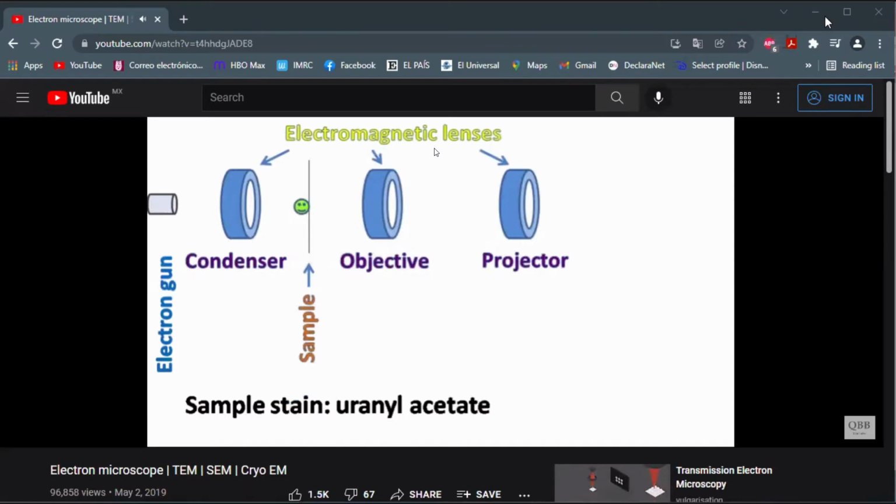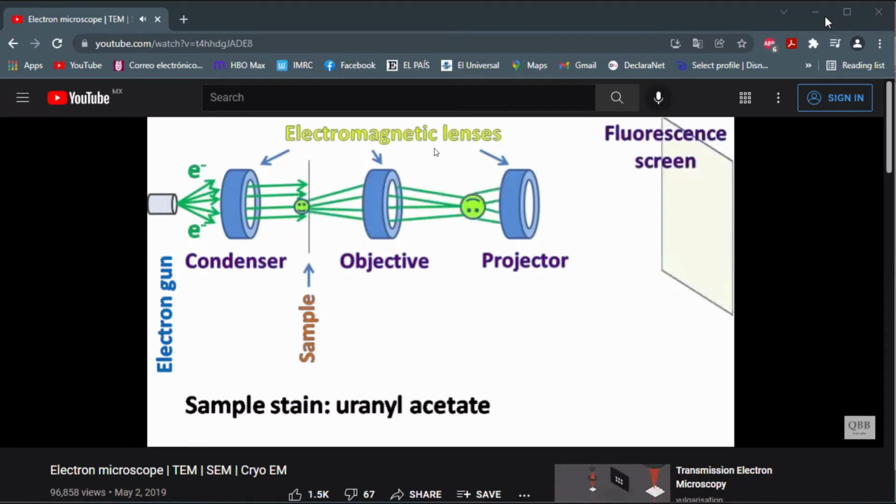However, these are all electromagnetic lenses. Electrons are focused on the specimen using the condenser. The diffracted electrons by the specimen are collected by the objective lens. The electrons from the objective lens move through the projector lens, which projects the image of the specimen on the fluorescent screen. In transmission electron microscopy, the samples are usually stained with uranyl acetate.